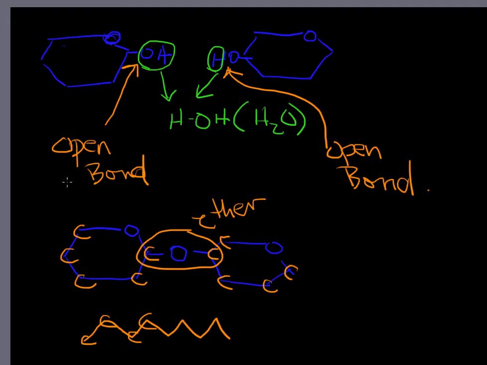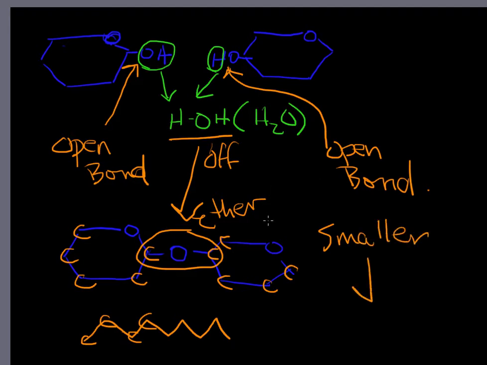We took water off of the molecule. Here he is, right here. And because we took the water off, we had these open bonds available, and that created our ether bond right there. So that's a condensation reaction. Again, in a condensation reaction, we went from smaller to larger.